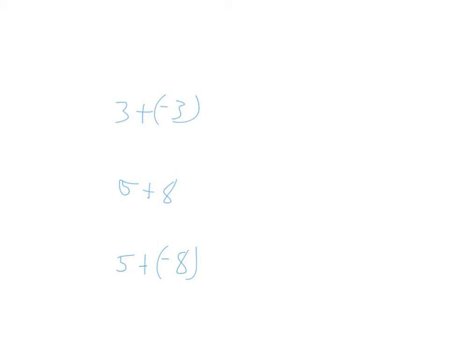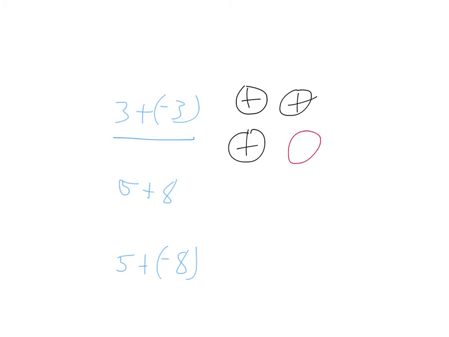So in this case, we start out with 3 plus negative 3. So that means that the black would be 3 positives. I'll put a plus in the middle. 1, 2, 3. And this is positive 3. And then I can put in the red counters, and I can do 1, 2, 3.